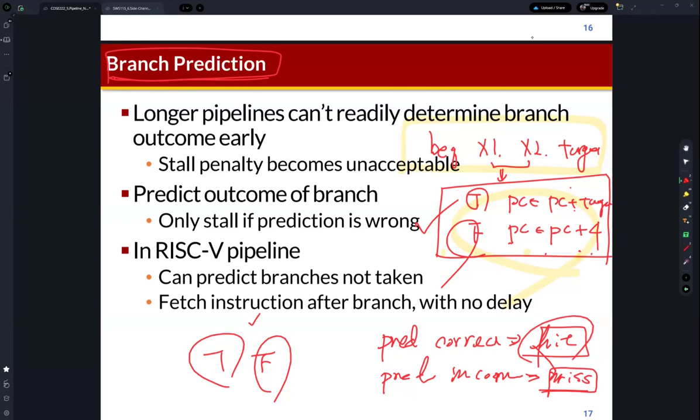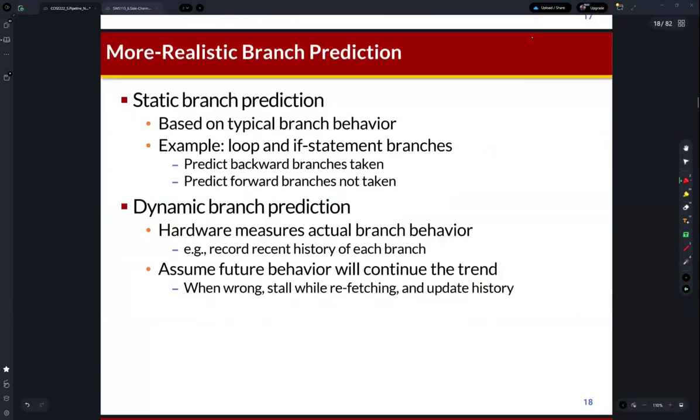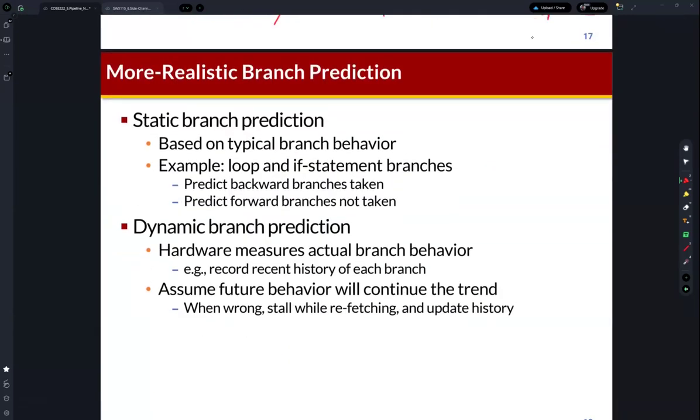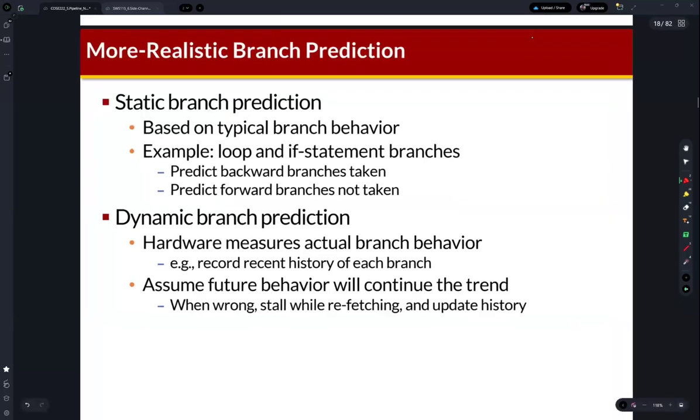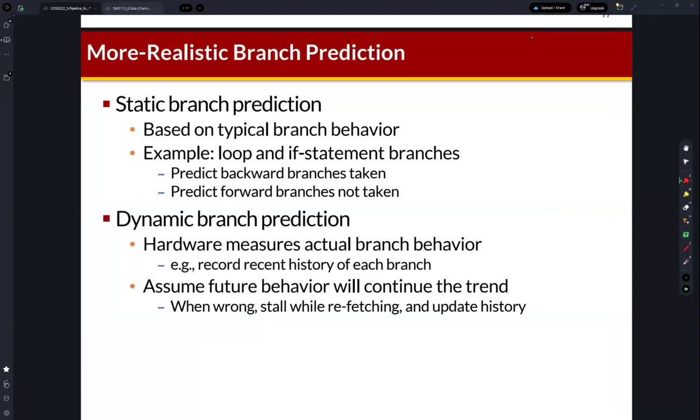also reduced. Then how can you select the result? How can you predict the result of this true and false based on the history? So actually in branch prediction, we can apply dynamic branch prediction.